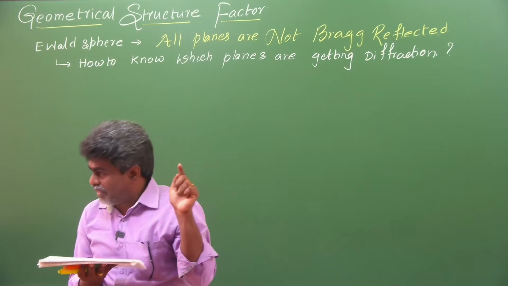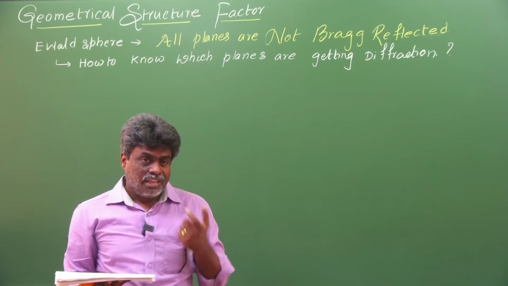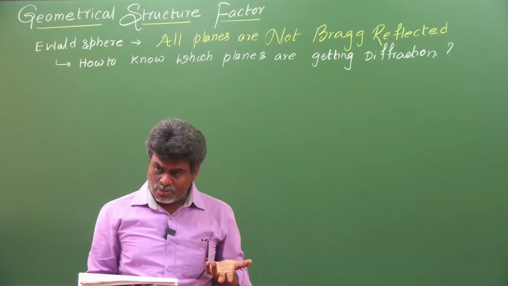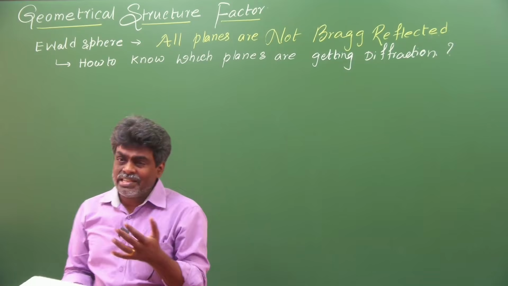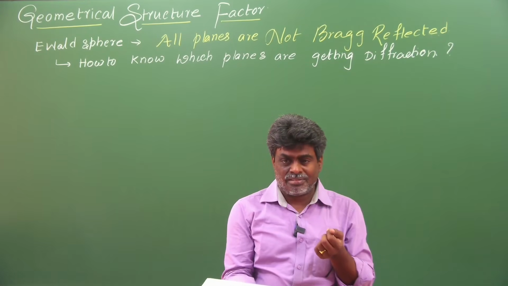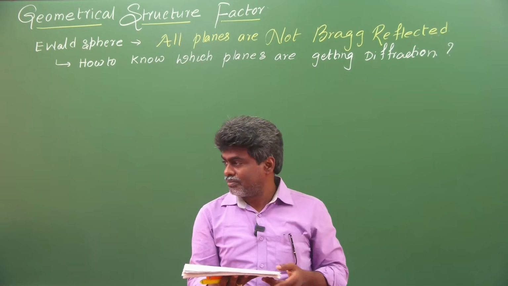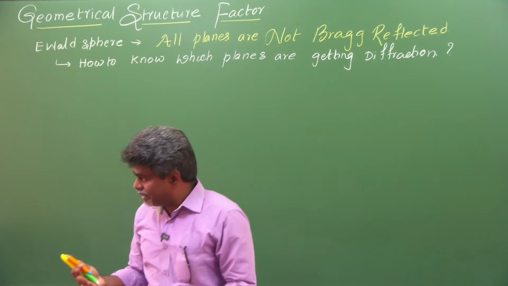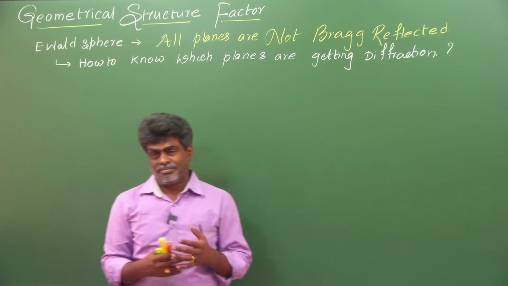I will take the reflected wave and I will find the intensity. If I get the intensity non-zero, what I will say? Reflection occurs. If I get intensity 0, what I will say? No reflection. Because we can't see the light ray going like this. So how do you find whether there exists a reflection or not? By finding the intensity.